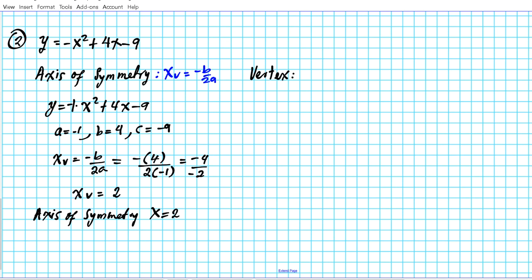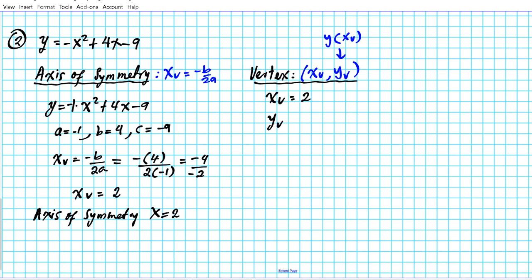So the vertex is basically the x-coordinate of the vertex and the y-coordinate of the vertex, where the y-coordinate of the vertex is what you get when you plug in your x-coordinate of the vertex into the original function. All right, so let's do it. So we already have the x-coordinate of the vertex, which is 2.